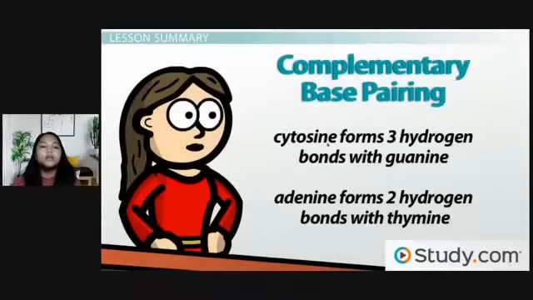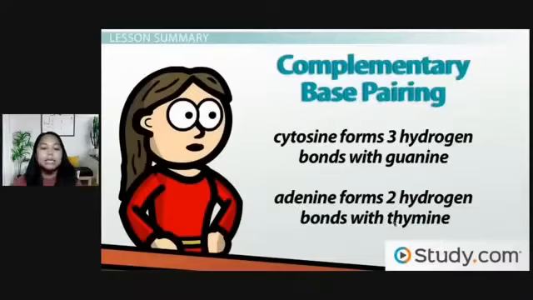Your cytosine would always form 3 hydrogen bonds with guanine, and adenine would always form 2 hydrogen bonds with thymine. Okay, so in your complementary base pairing rule in your DNA, A would always be forming bonds with thymine. So AT with 2 hydrogen bonds between them, and CG with 3 hydrogen bonds between them.